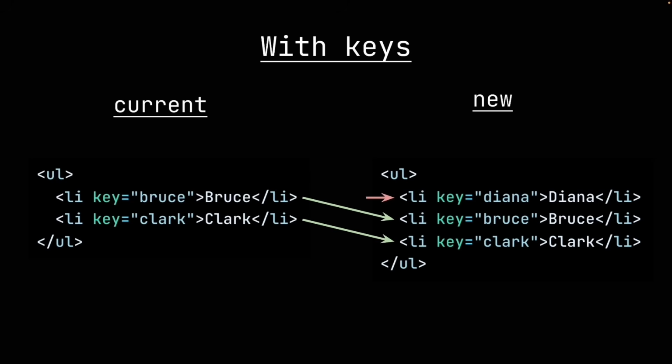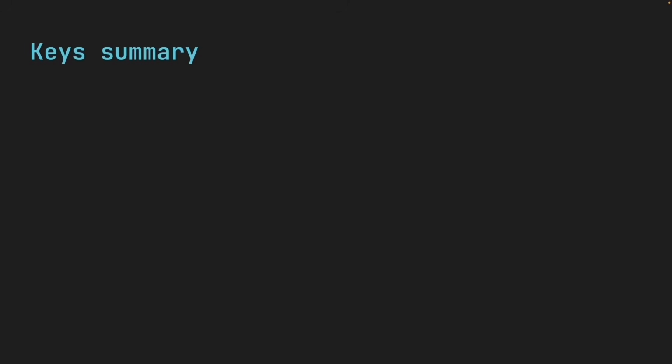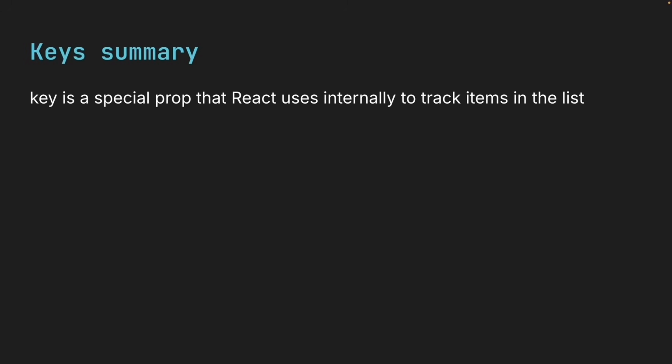They just shifted positions in the list. As you can imagine, this is way more efficient than rewriting the entire list. This is why lists need keys. They give each item a stable identity that is unaffected by changes to the list, and that helps React to update the UI efficiently.